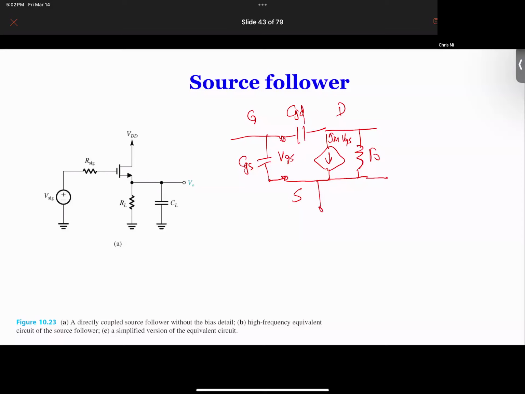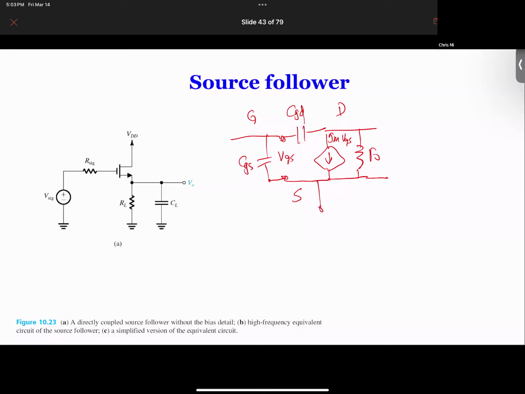The capacitance between gate and drain was moved to be in parallel with CGS, but it's not CGD, it's CGD prime. CGD prime is CGD times 1 plus GM times RL prime. That's what this gentleman Miller found, so it's called the Miller effect. But anyway, right now we have CGD connected between G and D. So this is the circuit now complete with the high frequency small signal model.